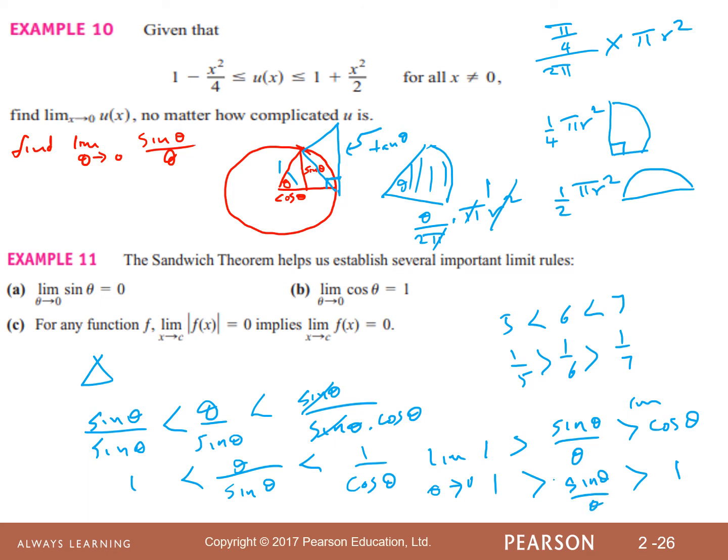So limit sine theta over theta as theta goes to 0 is equal to what? Must be equal to 1, right? We sandwich it, right? So it's equal to 1. Is that clear? Everybody? So limit of sine theta over theta as theta goes to 0 is 1, yes.